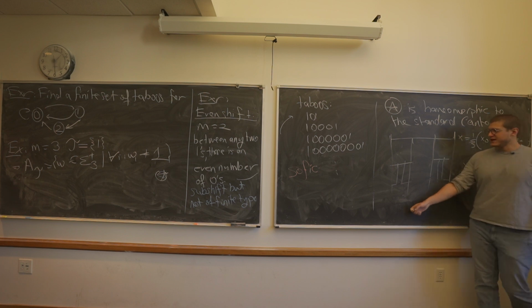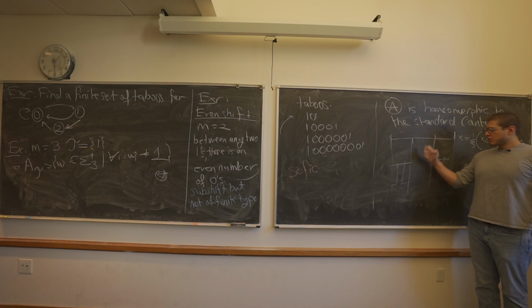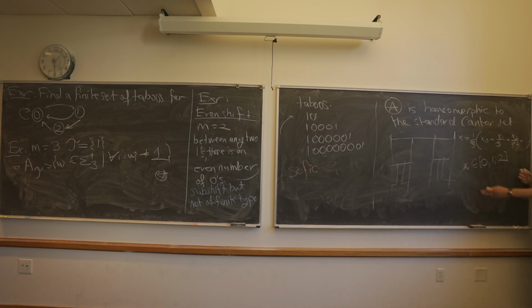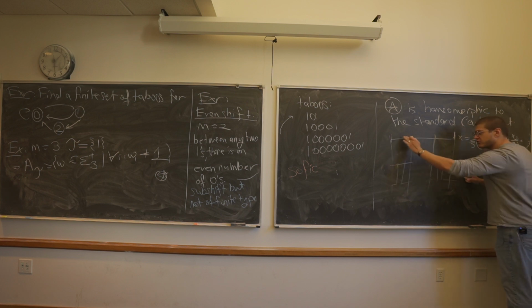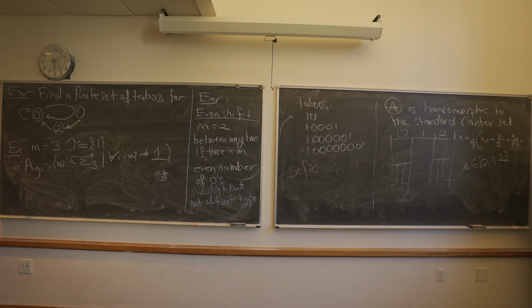But when I'm defining the Cantor set, going from step 0 to step 1, I'm actually forbidding x0 to be 1, because this corresponds to 0, this corresponds to 1, this corresponds to 2. I'm saying, by getting rid of this piece, that x0 cannot be 1.